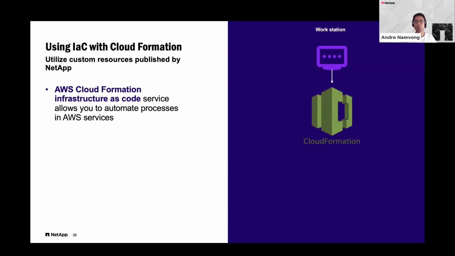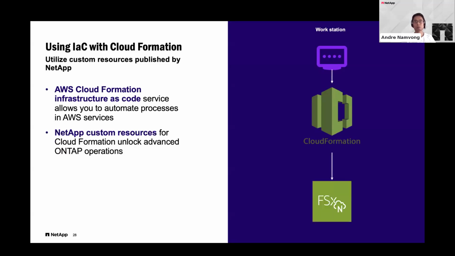And here you can consider the basic CloudFormation code that is provided by AWS, but that will give you only the possibility to deploy some basic resources. But now the good thing is that NetApp has also created a custom resources CloudFormation package that will help to address advanced ONTAP operations, all by using CloudFormation.